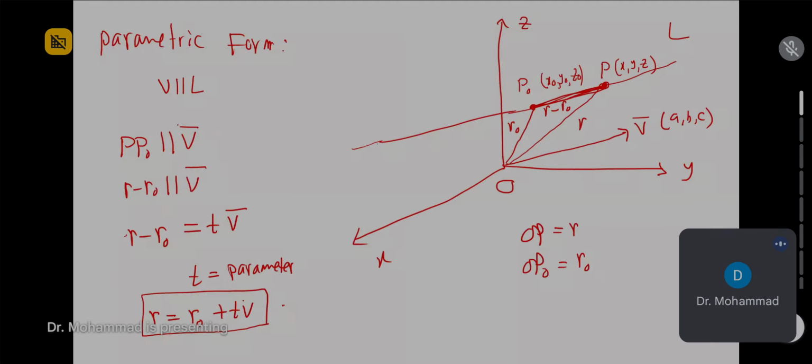So the equation is R equals R naught plus TV.